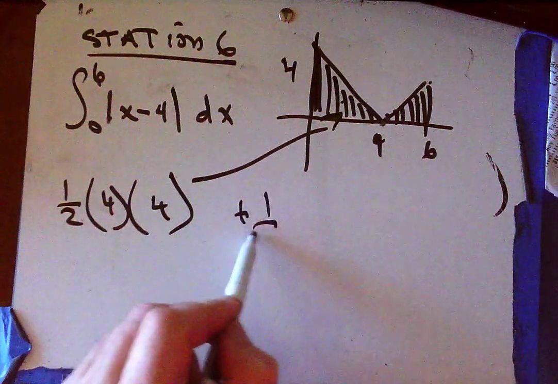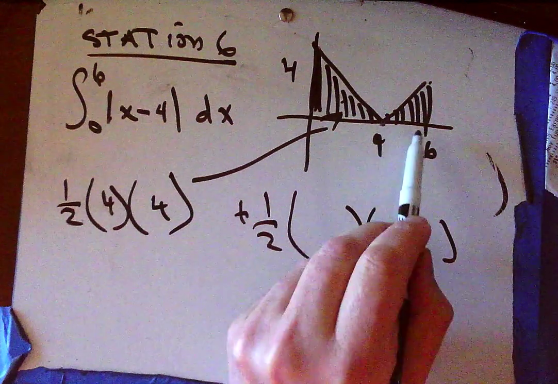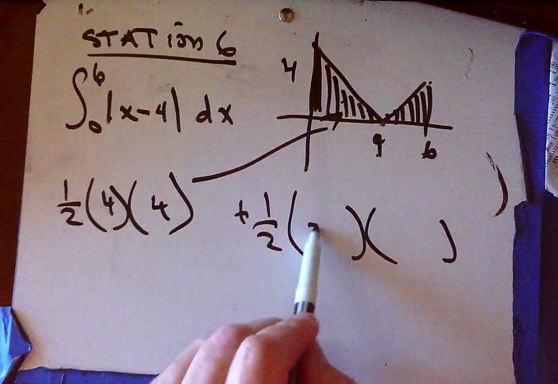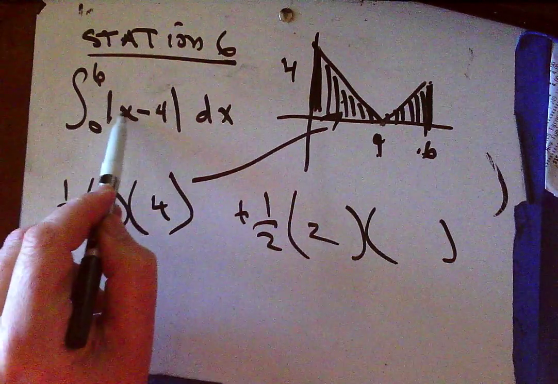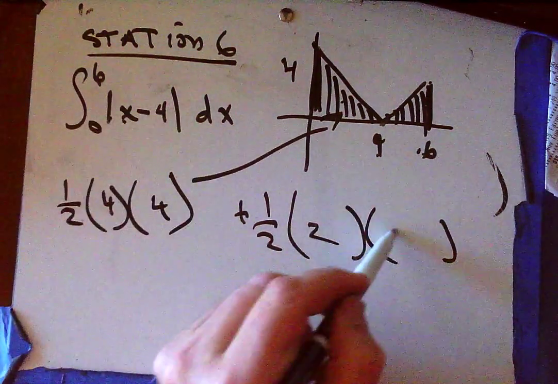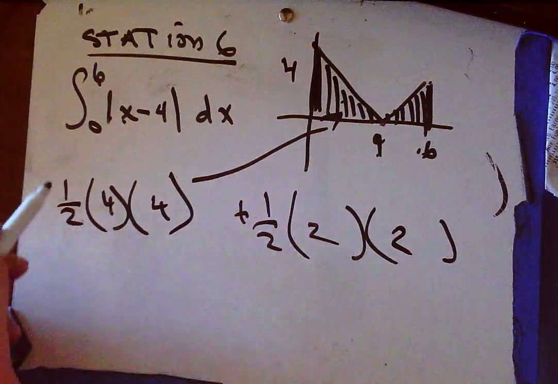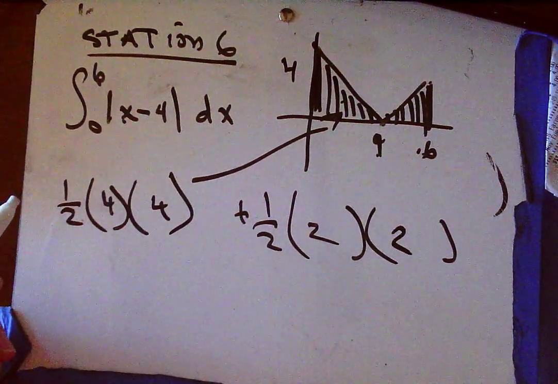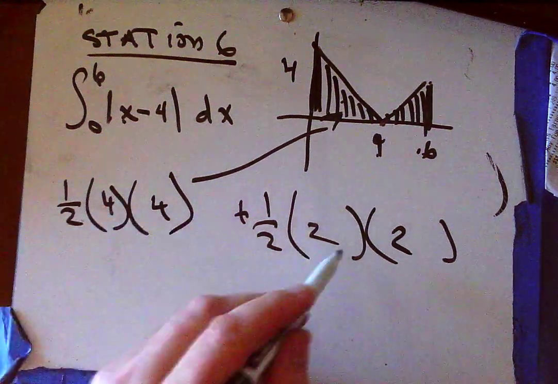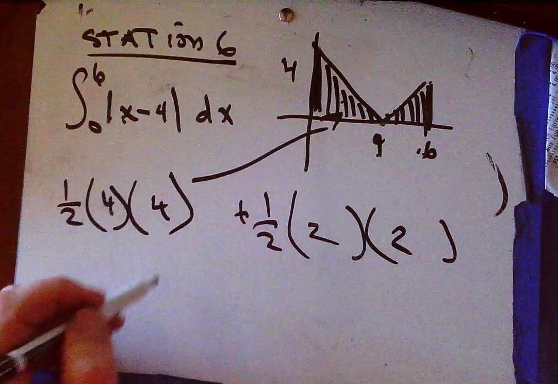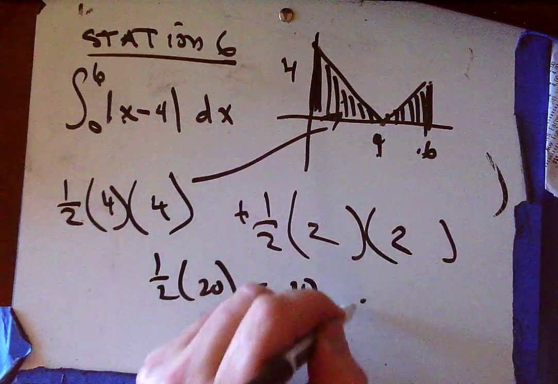And we want to add to that the area of the second triangle. Well, I can see that 6 minus 4 is 2, but what about the height? I plug a 6 in here, 6 minus 4 is 2, absolute value of 2 is 2. And so there's the value of the integral. Again, if this is free response, you can stop here. This is 16, this is 4, that's going to be 20, half of 20, or 10.